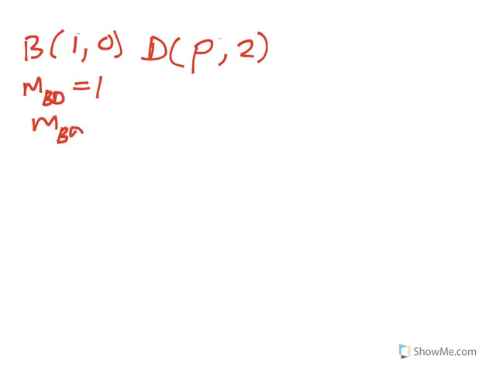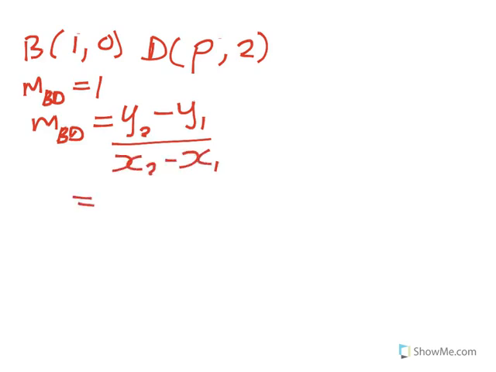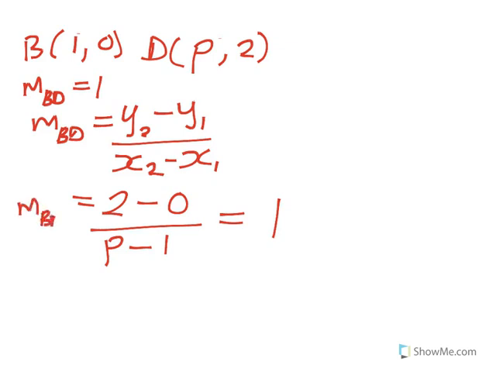M of BD, given those 2 points, is equal to y2 minus y1 over x2 minus x1. You can choose whichever point you want to be x2, so I'll make D the 2's. So this is 2 minus 0 over P minus 1, which is equal to 1, because m of BD is equal to 1.